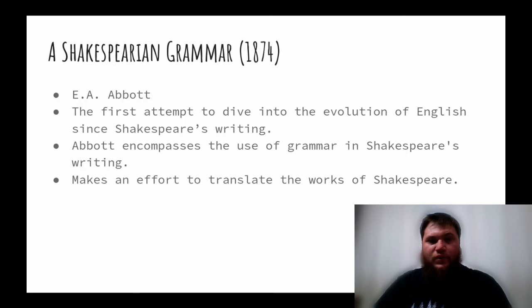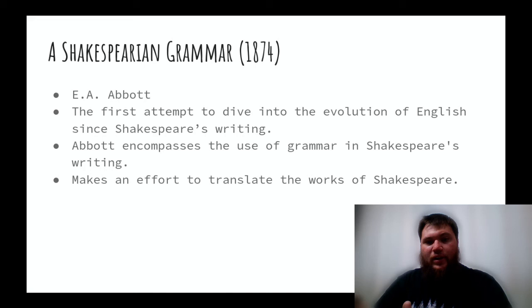The first source that I used was called the Shakespearean Grammar. It was written in 1874 by a guy named E.A. Abbott. This was the first attempt to look at the evolution of English from Shakespeare to the modern era.